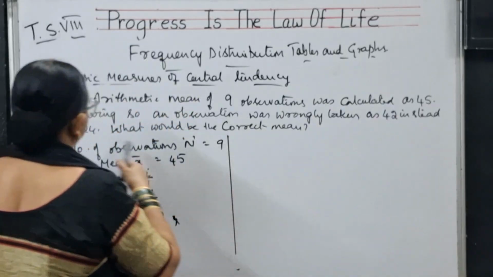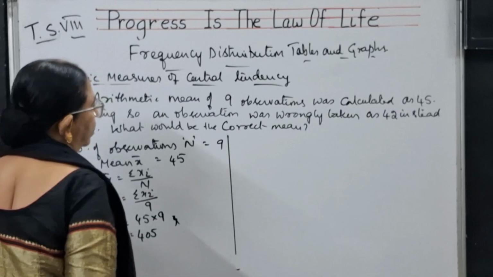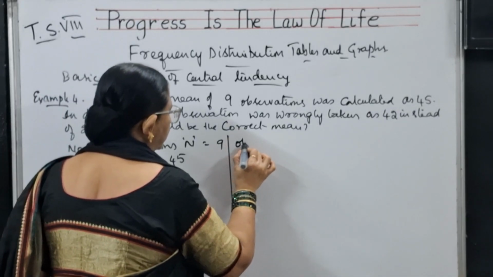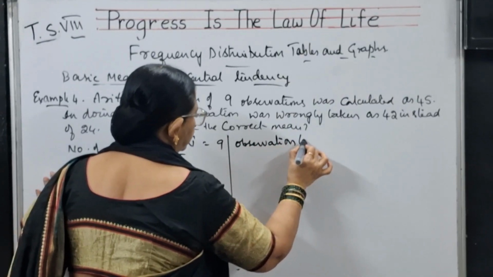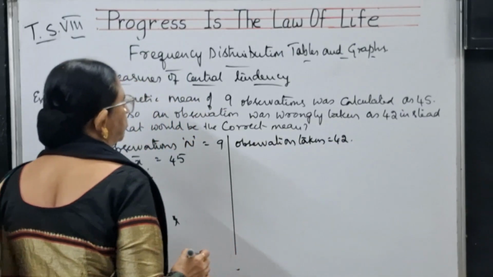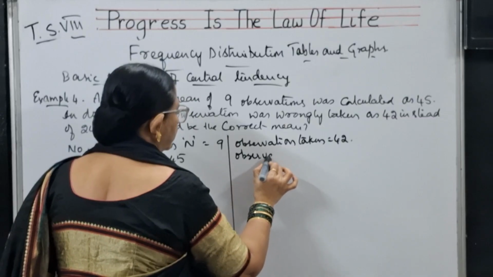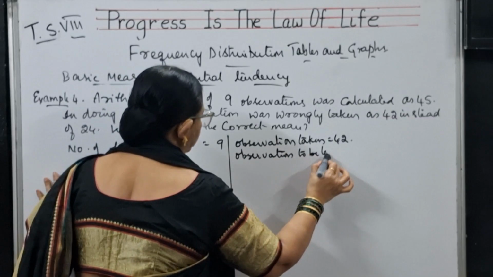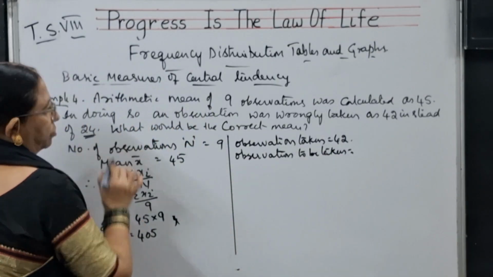Let us continue. What is it that they have told? In doing so, an observation was wrongly taken as 42. So what is the observation taken? Observation taken is 42, but the observation to be taken, how much number they have to take? 24.